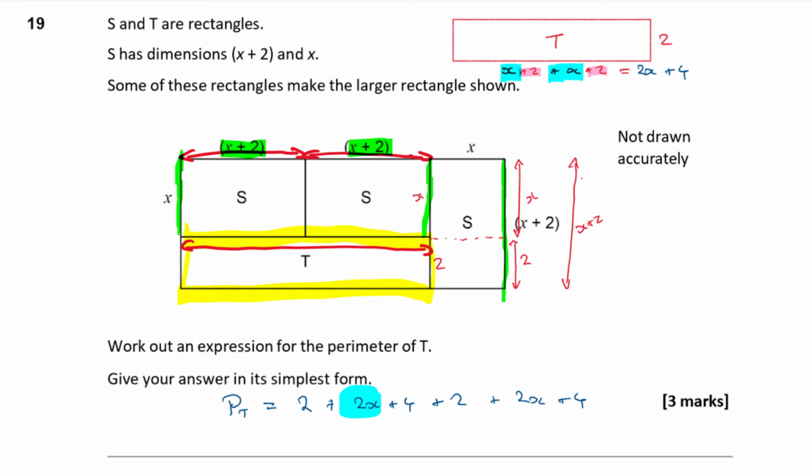So I've got a 2x and a 2x. That's going to give me 4x, and I've got a bunch of numbers. I've got 2, 4, 2, and 4. So 2 plus 4 is 6, plus 2 is 8, plus 4 is 12. So my total perimeter for T is going to be 4x plus 12.